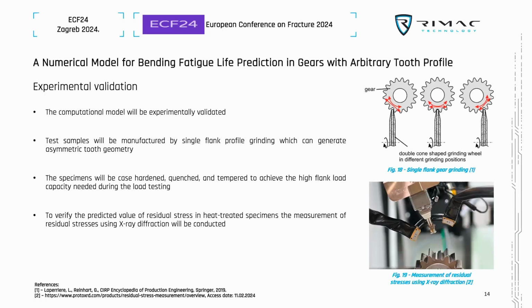So the gears will be made out of case hardening steel. They will be produced by single flank grinding to achieve basically any imaginable geometry of the tooth flank. In this particular case, they will be asymmetric gears.